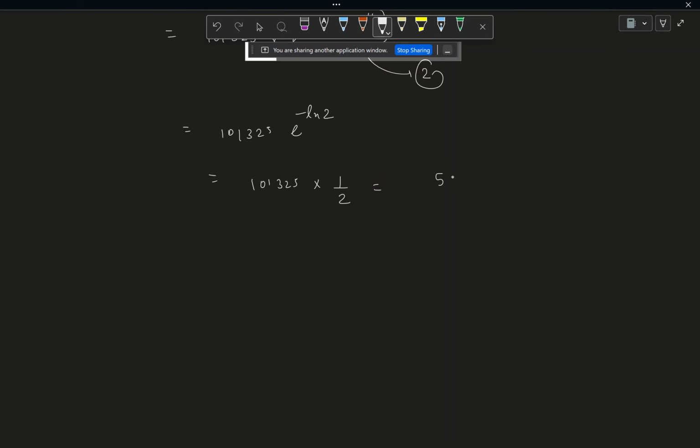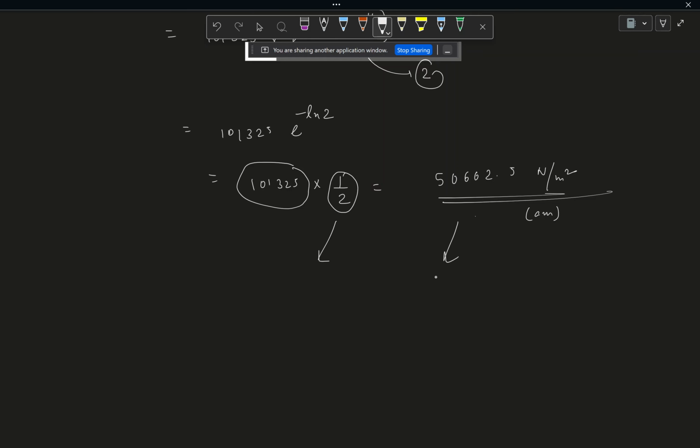So you have the answer as 50662.5 Newton per meter square. This is your answer, and you can see that by the change of temperature by 4 times, the pressure at that level has decreased to half of the pressure at sea level.